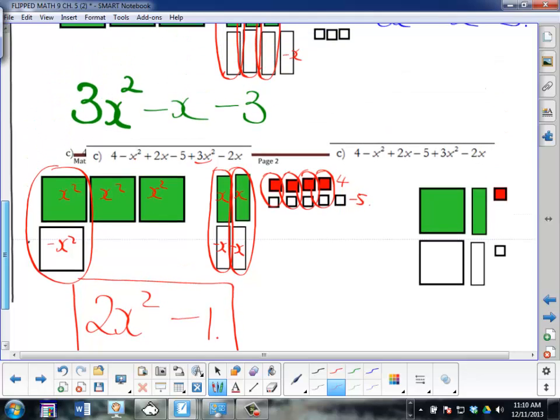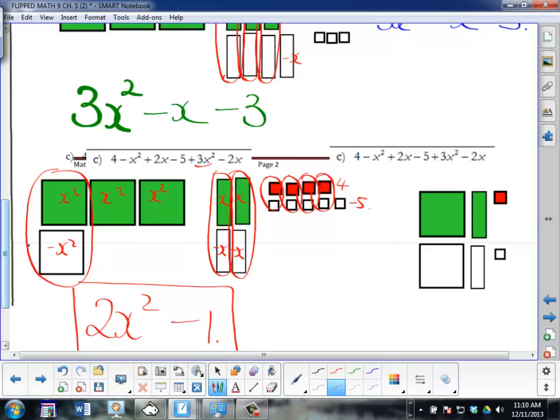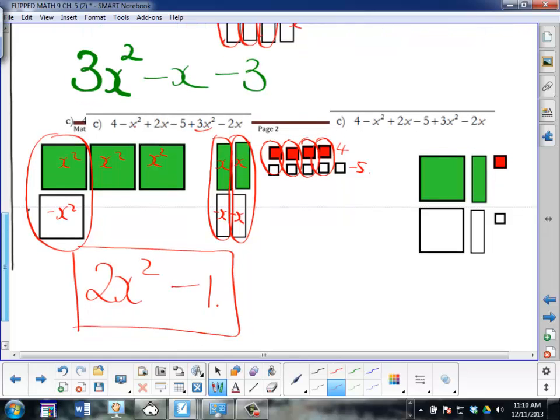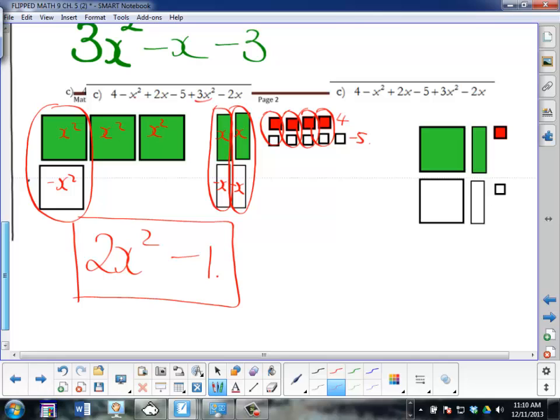Now, once again, we can do that without having to go through and use algebra tiles. So we go through and we check off the terms that are the same. All right, so the x squared terms are like terms. We've got the 2x, I'm changing colors here, minus 2x, and then we've got our two constant terms, which are 4 and minus 5.